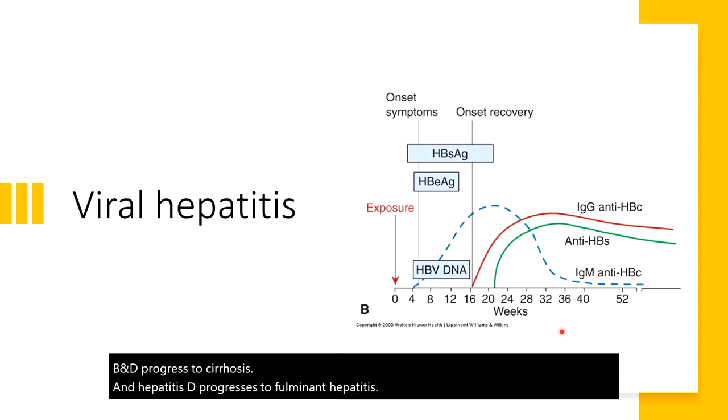Whenever we have an infection with a virus that causes inflammation of the hepatocytes, the first antigen that will be responsible for the onset of symptoms is going to be the surface antigen.